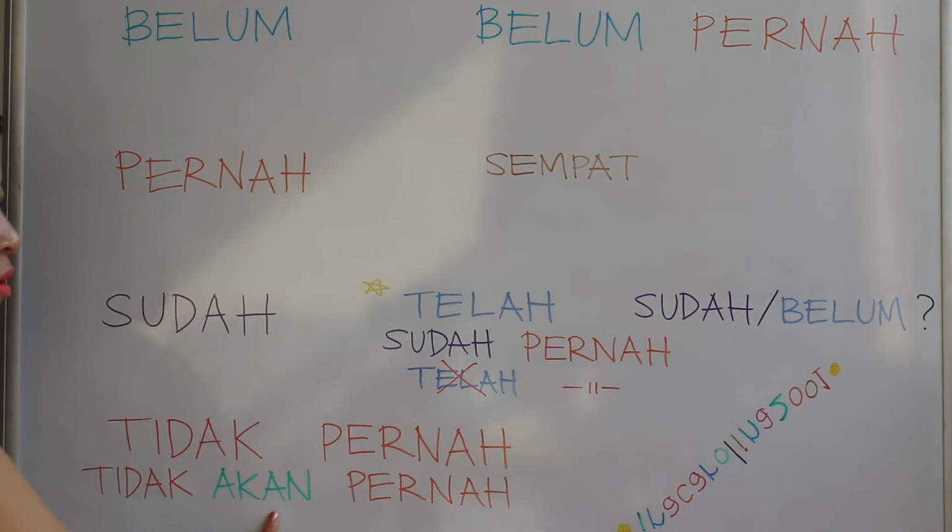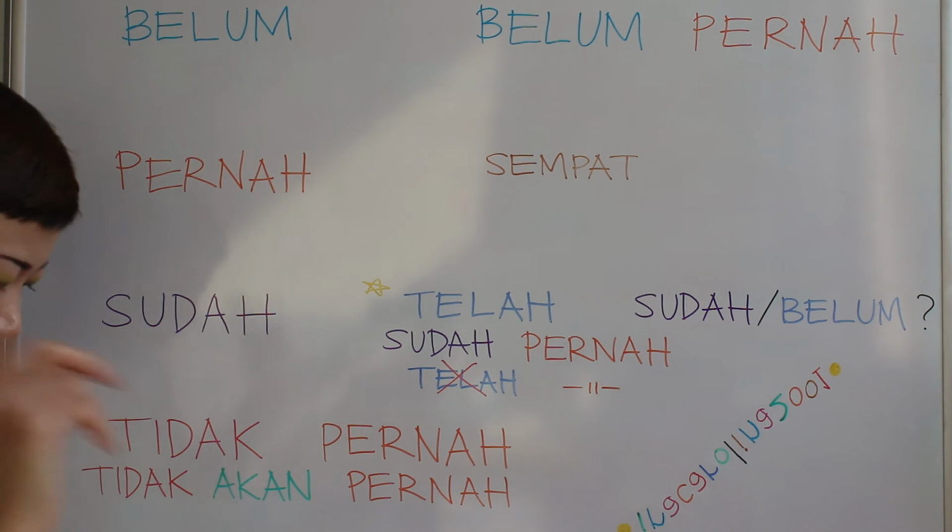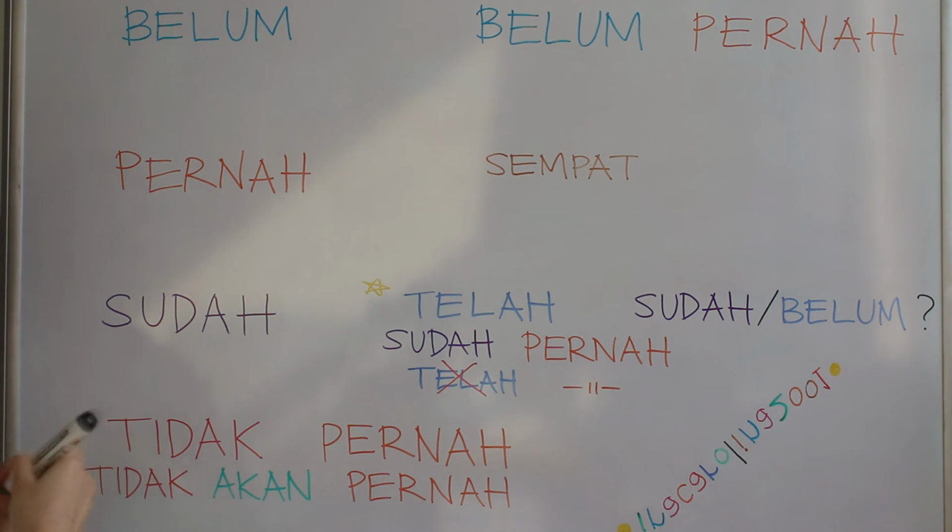So if you hear or read tidak akan pernah, it means will never, or will not ever. Because this is not or no, this is will, this is ever. Will not ever, or will never. We will put it in a sentence.